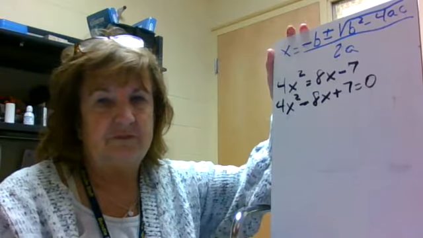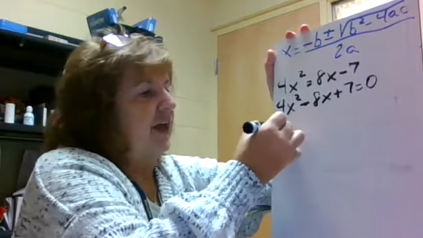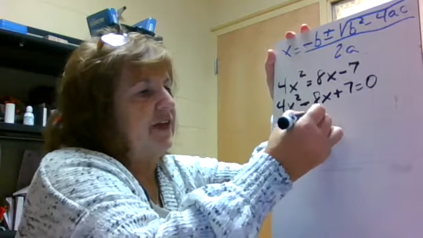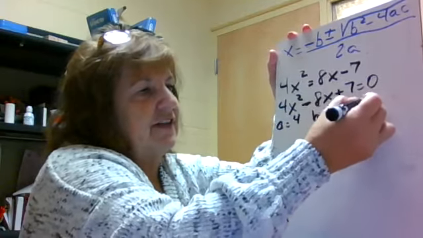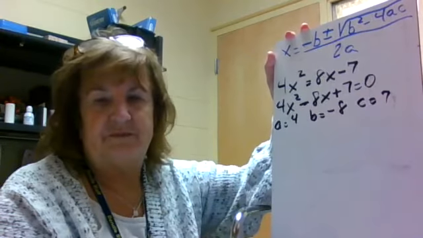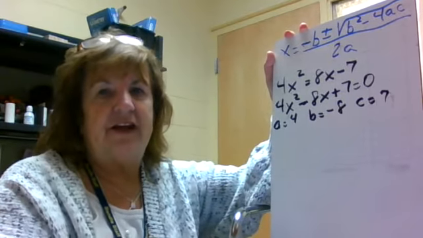So A is 4, B is -8, C is 7. Plug it into the formula.